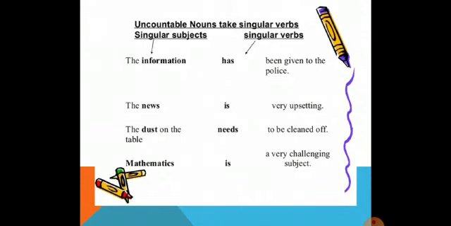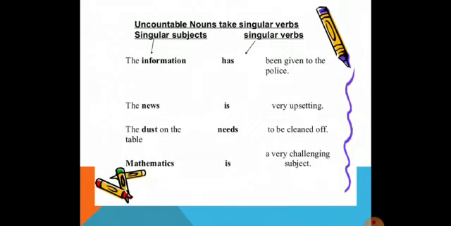Okay, there are uncountable nouns that take singular verbs. Like what? The information. I say the information has been given to the police. Even if it's a lot of information, it will take has, not have.